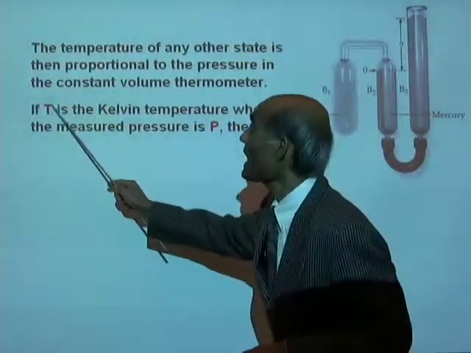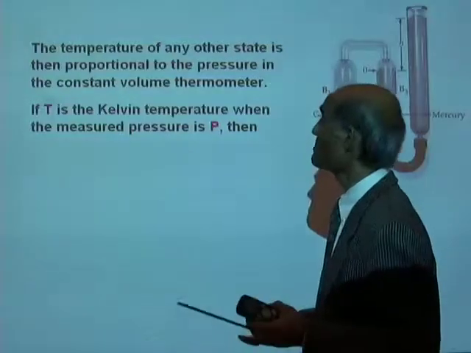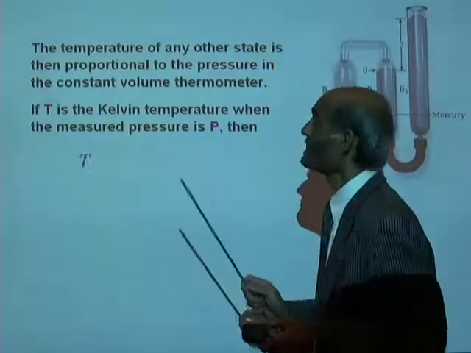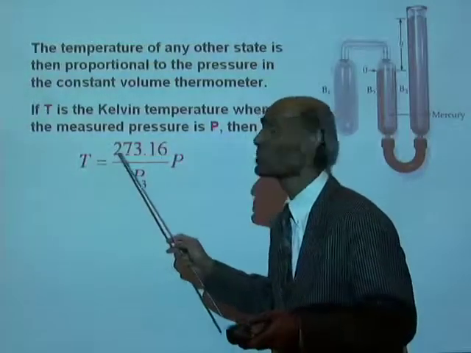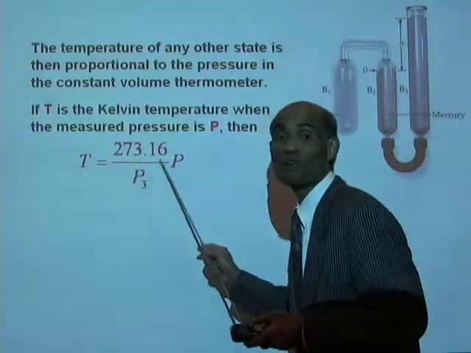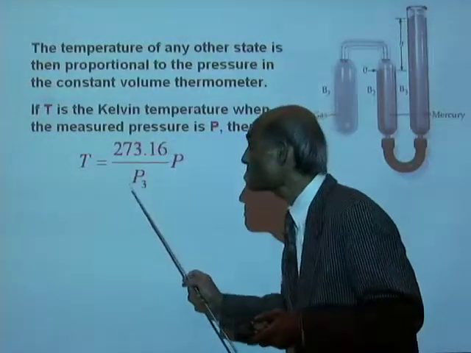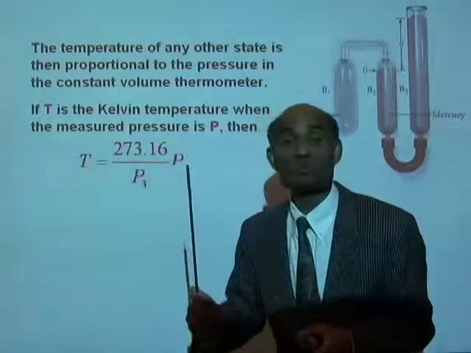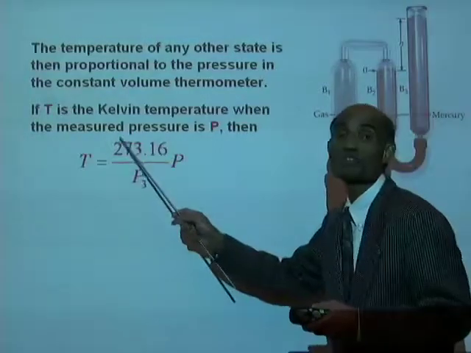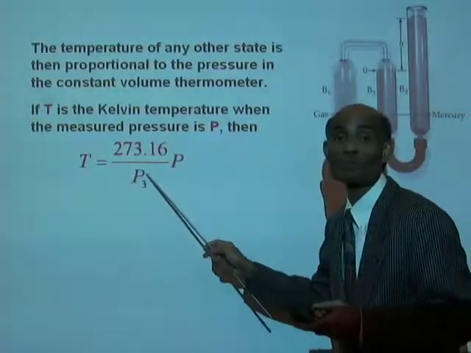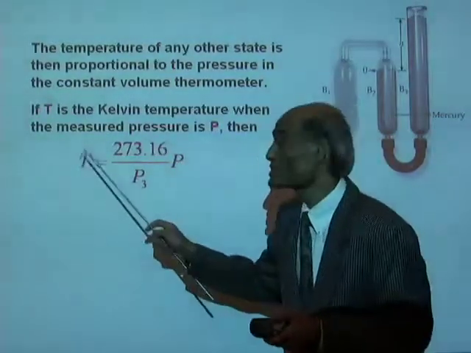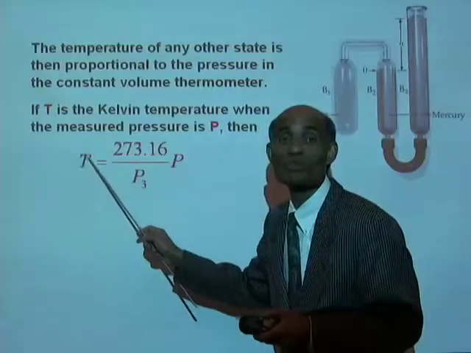Now, if T, uppercase T, is the Kelvin temperature when the measured pressure is P, then we have a relationship: T equals 273.16, the triple point temperature, divided by P3, the triple point pressure, times P. That means the pressure measured at the triple point is P3, and P corresponds to the measured pressure at the temperature which we want to measure.